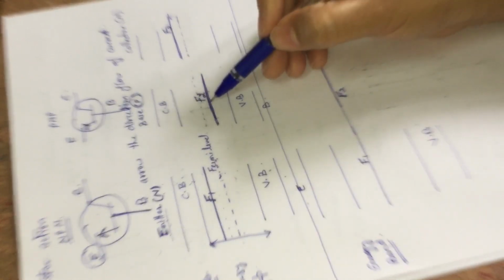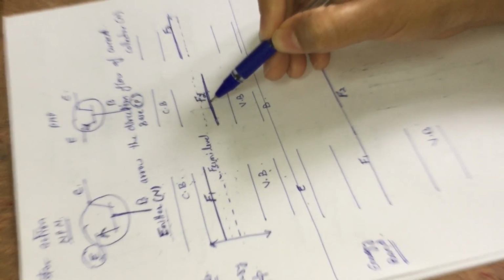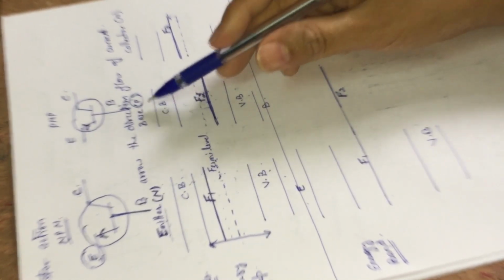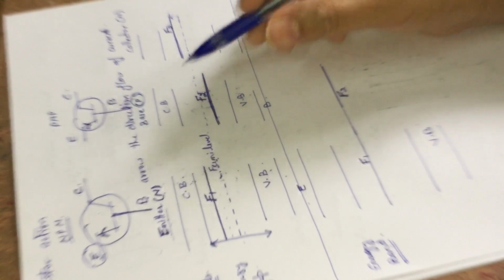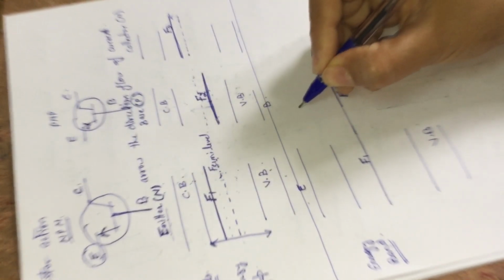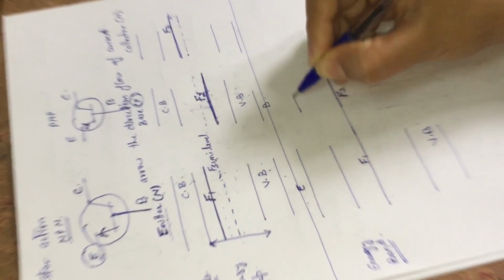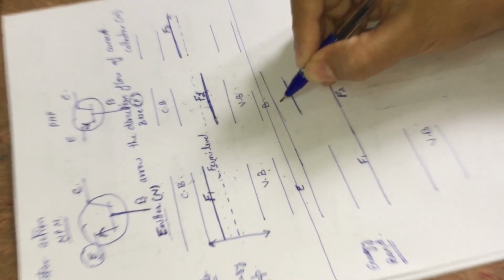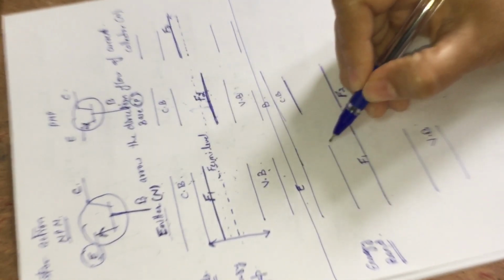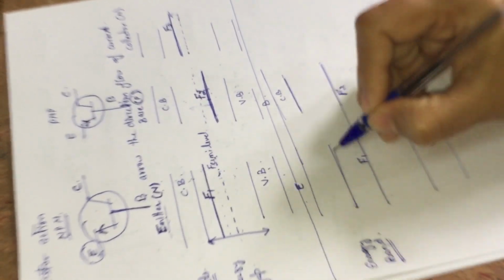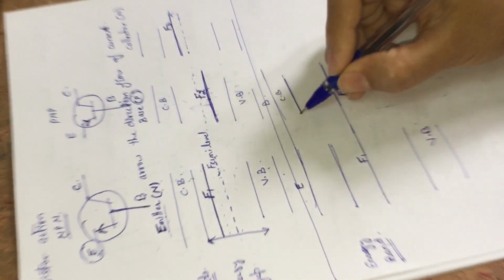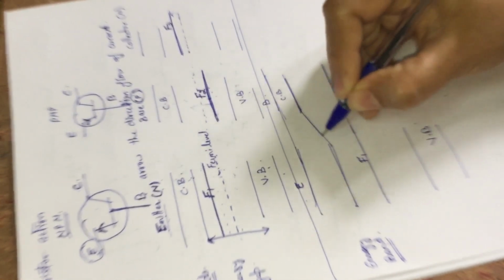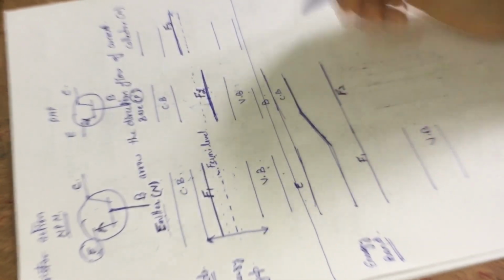The conduction band and valence band automatically shift upward. This is the conduction band in case of the emitter, this is the conduction band in case of the base, and this is the shift.